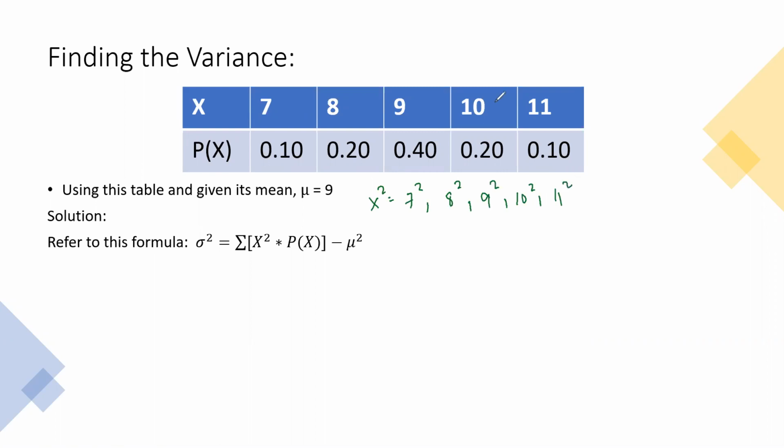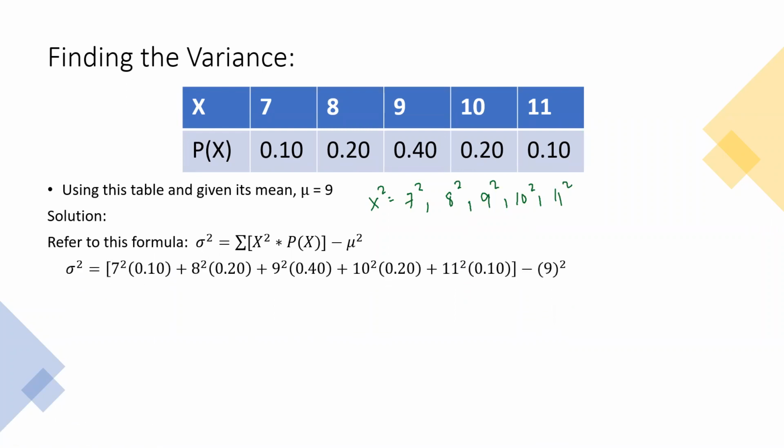Now we're going to substitute the given values in this formula. So we're going to find the square of every x. So it will be 7 squared, 8 squared, 9 squared, 10 squared, and 11 squared.